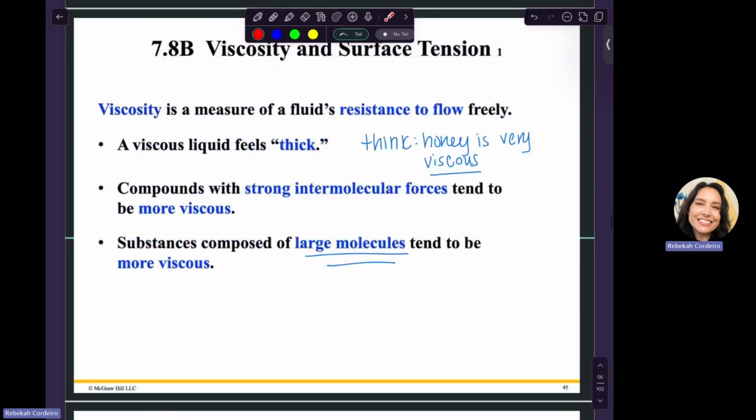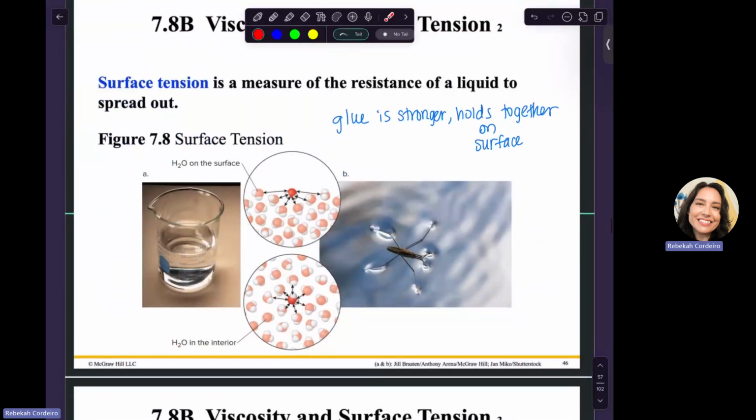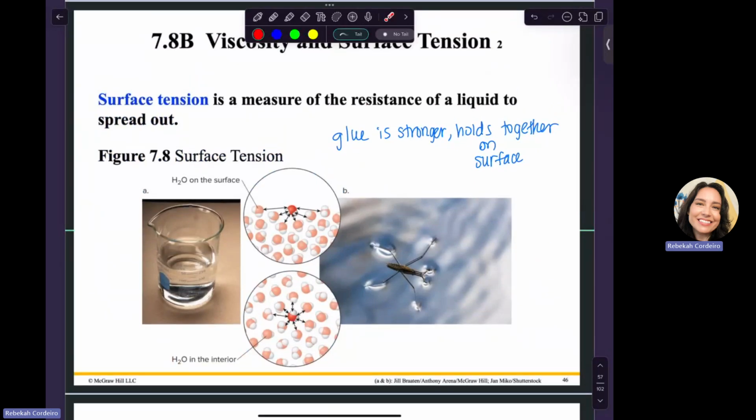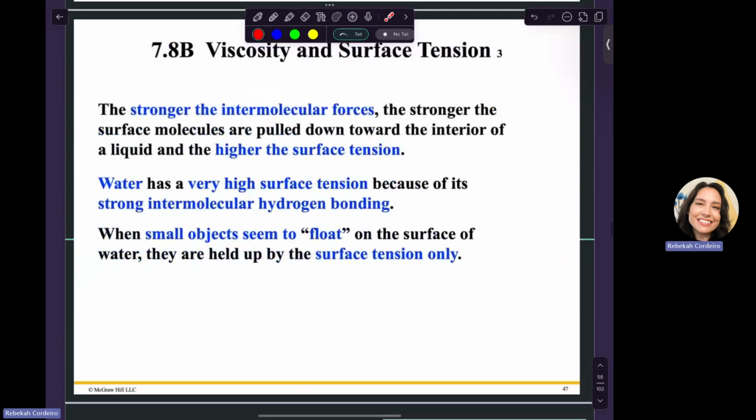If they're stuck together, they're not going to flow freely. They're not going to come out of a container as easily. If it's not stuck together, it's easy to get it out. And if it's stuck together more, it can support something on the surface. If it doesn't stick together well, you try to get into it, you'll just fall through. So the stronger the intermolecular forces, the higher the surface tension, the higher the viscosity. Water has a very high surface tension because of its hydrogen bonding.